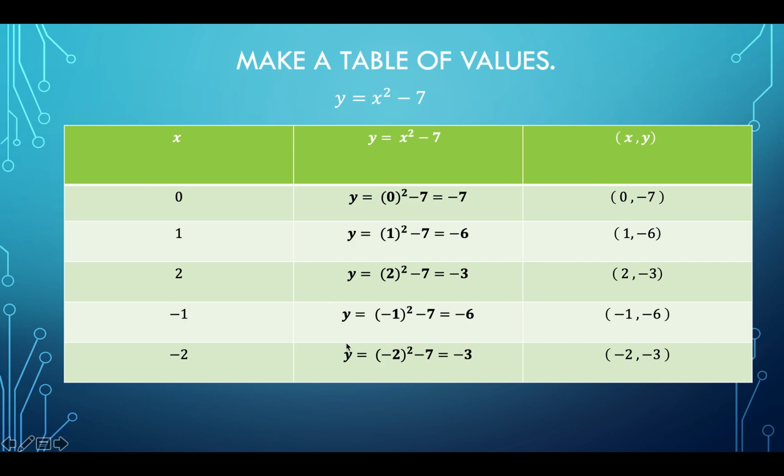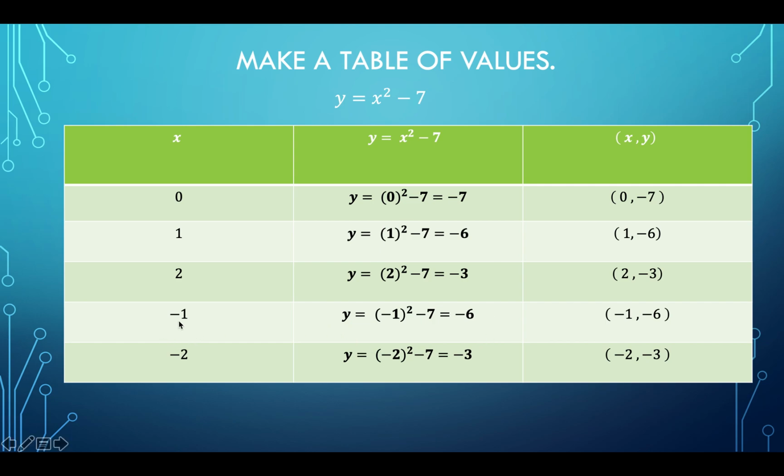Now we have a negative 1. So we plug negative 1 in for x, so y is equal to negative 1 squared minus 7. Any negative number squared will always give you a positive number at the end. So negative 1 squared is 1. 1 minus 7 is negative 6.